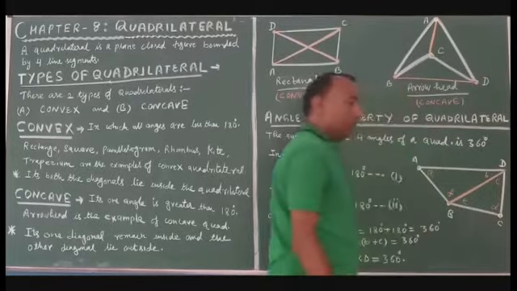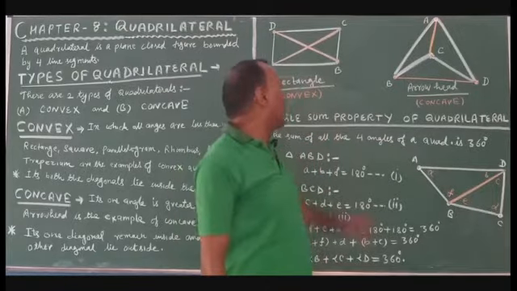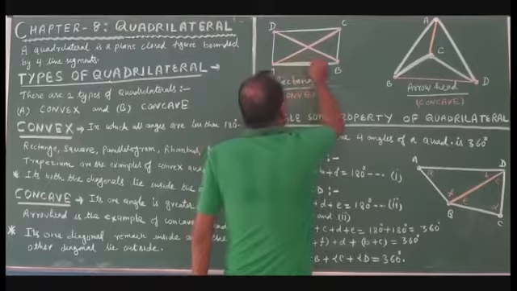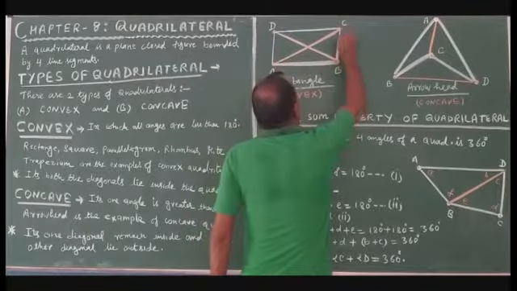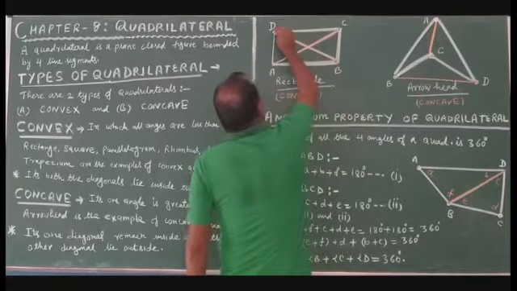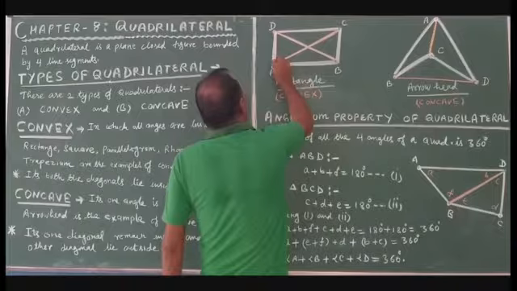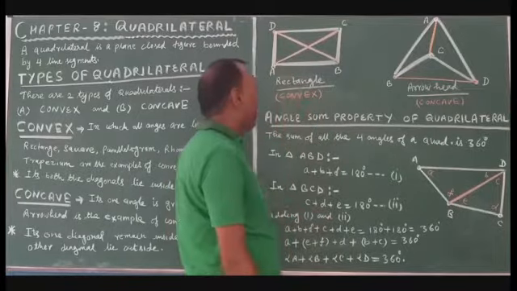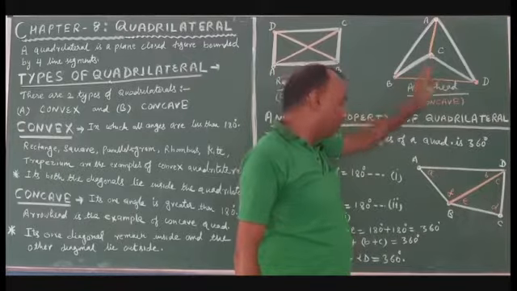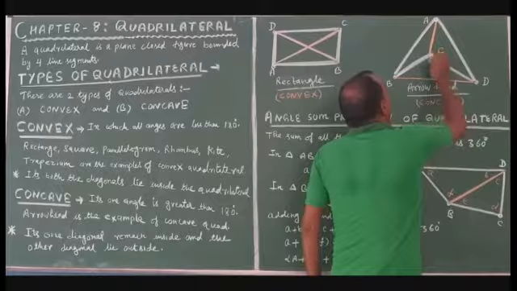This is another quadrilateral. Both are quadrilaterals. ABCD is a quadrilateral which is a rectangle, and this ABCD is also a quadrilateral, which is an example of an arrowhead.